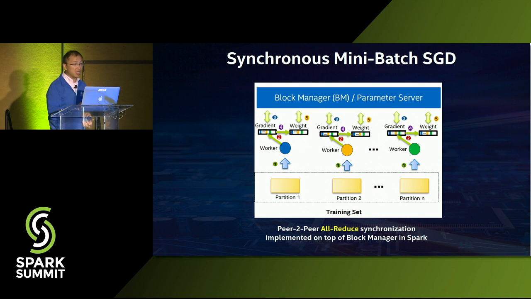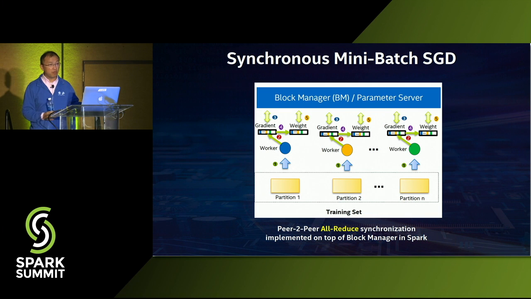So in BigDL, we are actually building a peer-to-peer, all-reduce type of synchronization, so that there is no single bottleneck. Every worker is actually the same. So there is no bottleneck in the system, and we build directly on top of the block manager in Spark. If you're familiar with Spark, it's a distributed in-memory cache system inside Spark used, for instance, to cache RDD data.